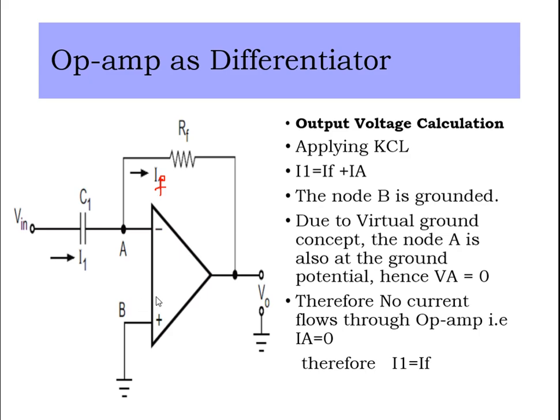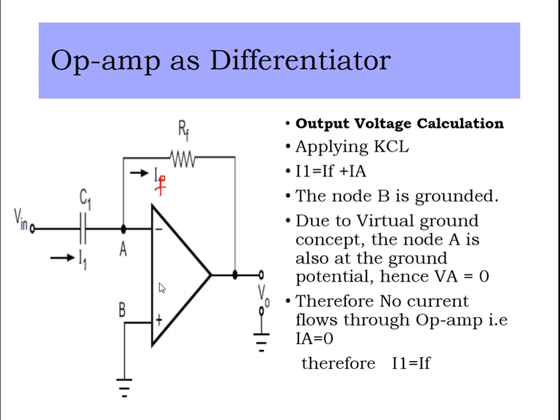In the virtual ground concept, Ri is assumed to be infinite. Whenever the input resistance is infinite, current cannot flow from one terminal to another, or else the potential difference between the 2 points remains the same, so current cannot flow from one terminal to another.